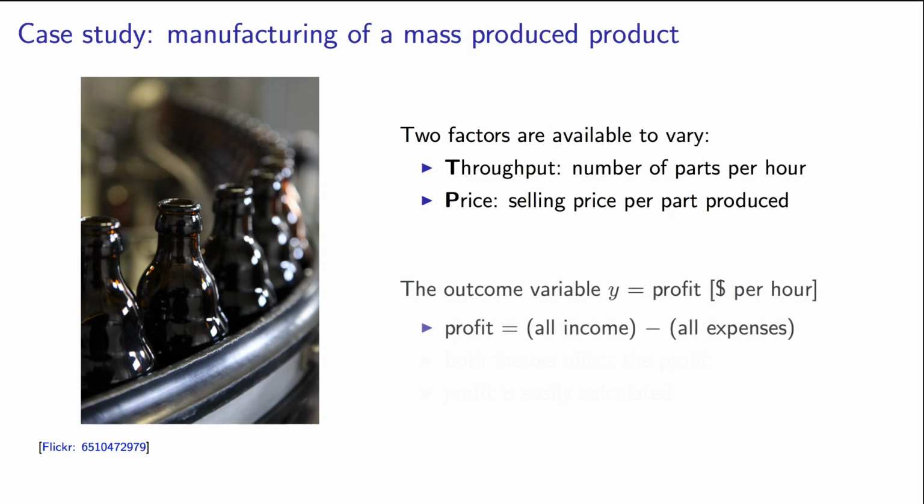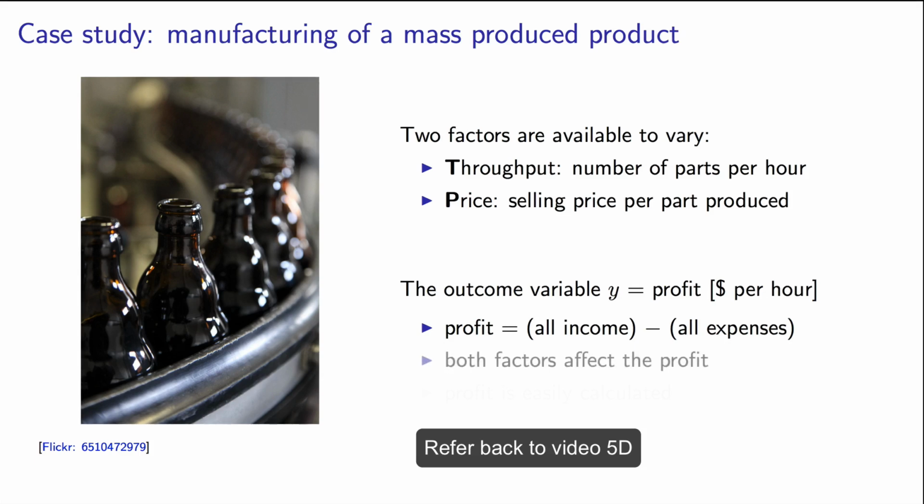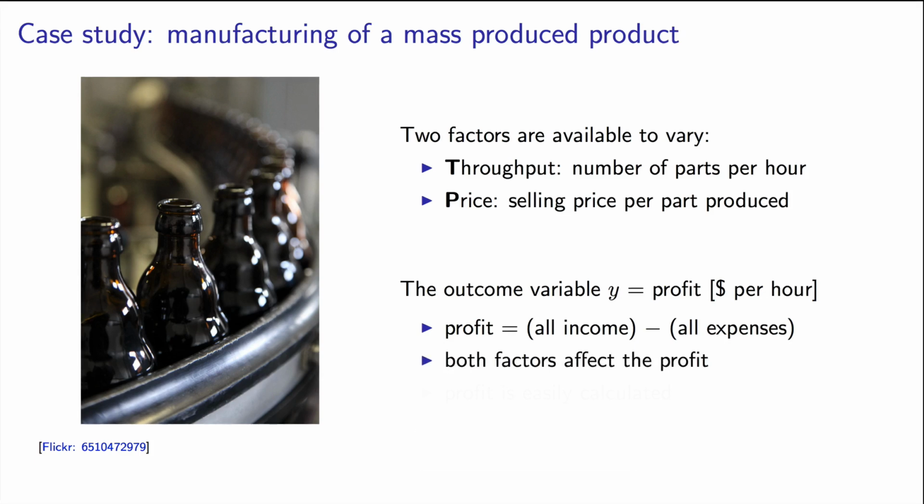Now, I mentioned in a prior video that if you're stuck thinking of a good outcome variable, the profit often works well. In this example, if we go to higher and higher throughput rates, we create more product. But our expenses to make that product also go up. We need more labor, more electricity, more material. And at higher throughput, we might also make more scrap, so we could suffer some losses over there.